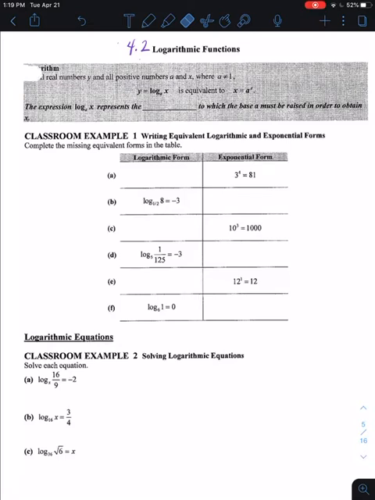All right, so a logarithm, for all real numbers y and all positive numbers a and x, where a cannot equal 1. So you have this log form here. Log form is going to have this word log written in it. And then we have our exponential.